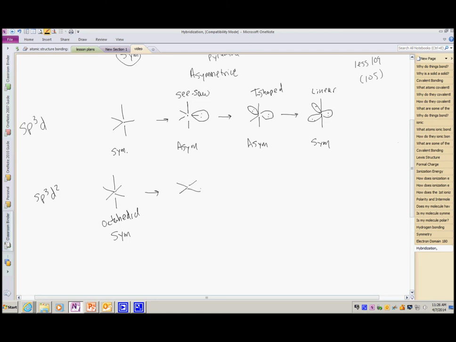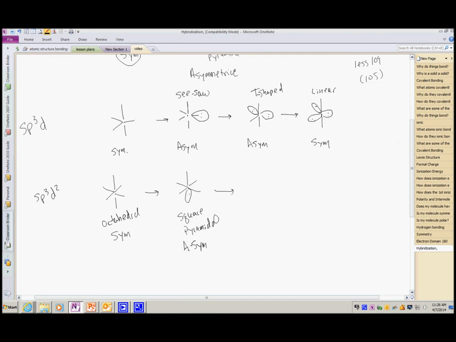For visual reasons, we'll take the bottom one off. And this one is asymmetrical.